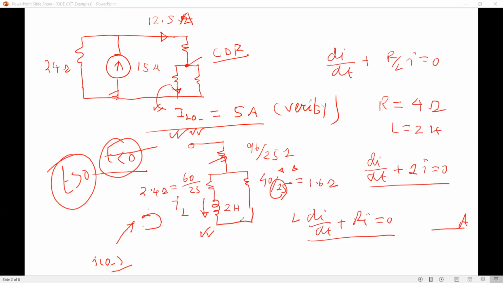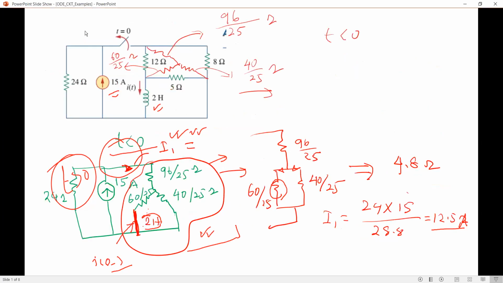Okay, no problem. So this is your network, isn't it? After opening the switch, if you open your switch, will there be any source in your network?